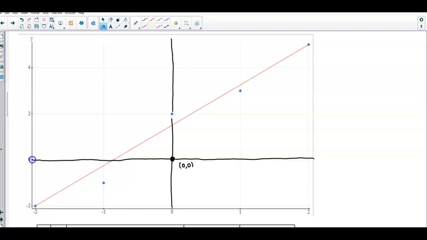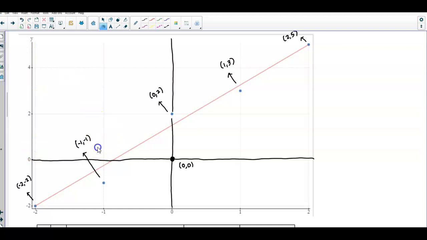Okay, now if you notice here, we can see that our first point again is at -2, -2. Okay, we can see that our next point here represents -1 and then -1. And then this point is going to represent again 0 and then 2. And then this point represents 1 and then 3, and then this point represents 2 and then 5.